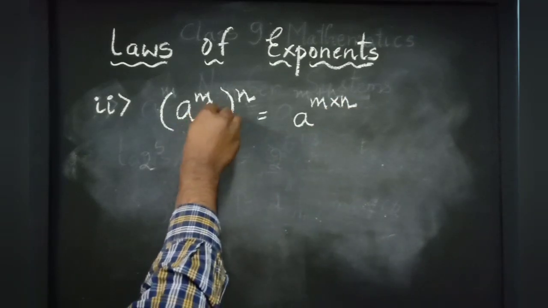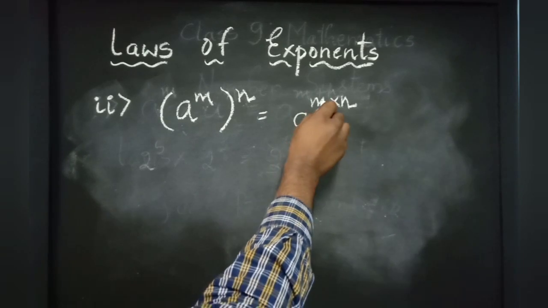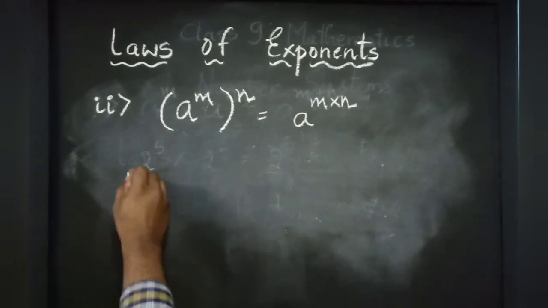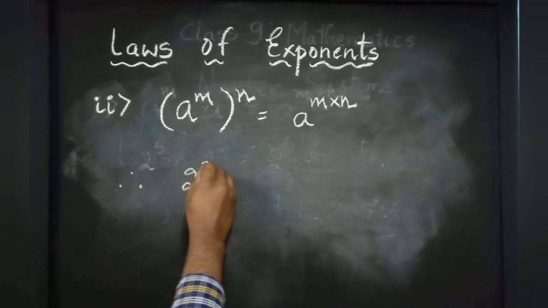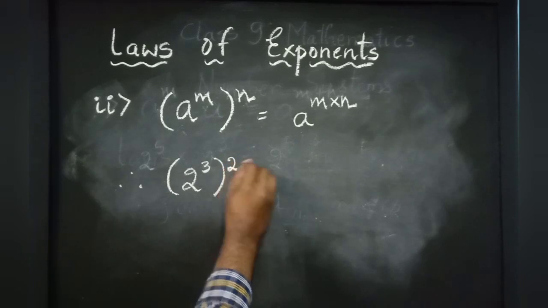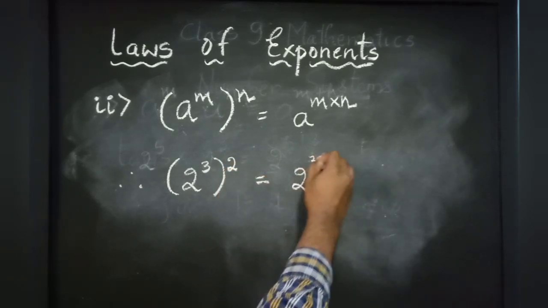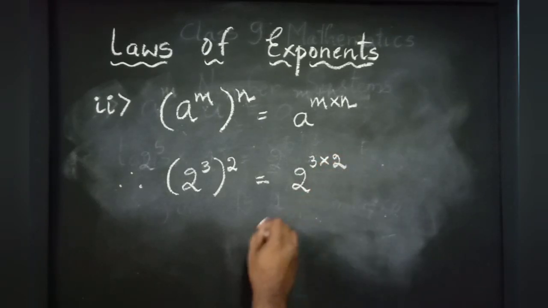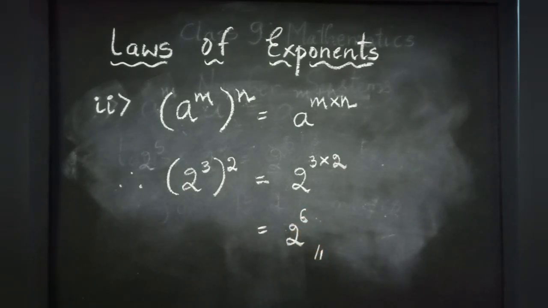That is 2 power 3 whole power 2. Example, now it can be written as 2 to the power 3 into 2. That can be written as 2 power 6. This is the second law of exponent.